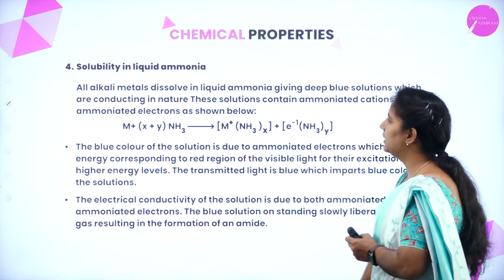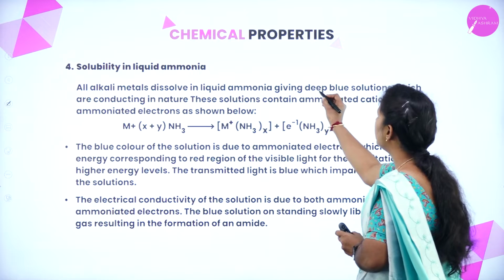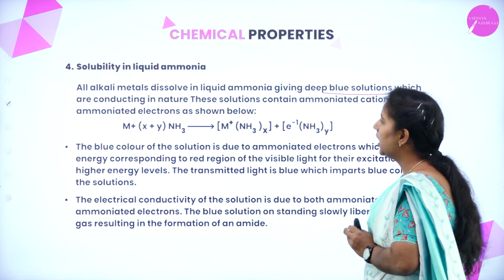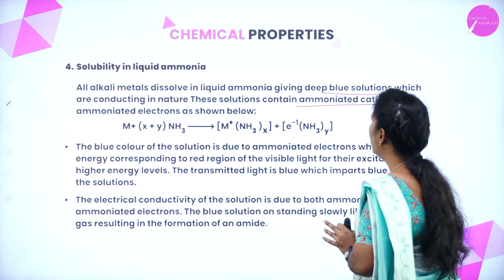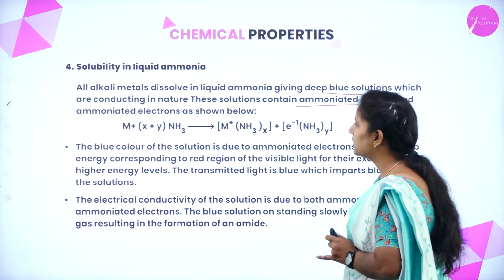Next is solubility in liquid ammonia. All alkali metals dissolve in liquid ammonia, giving a blue solution which is conducting in nature, and this solution consists of ammoniated cation and ammoniated electron.